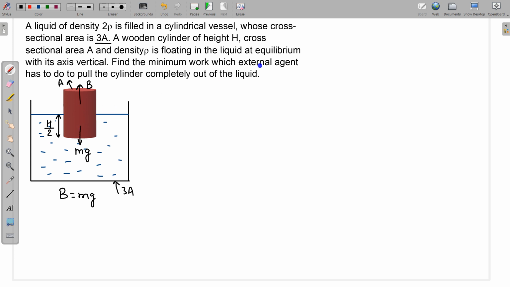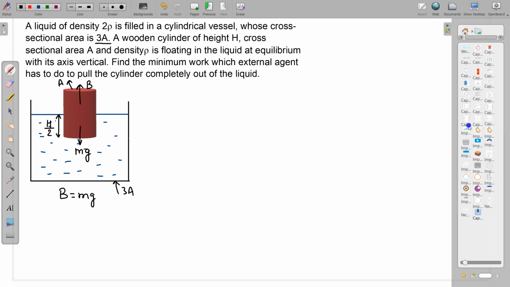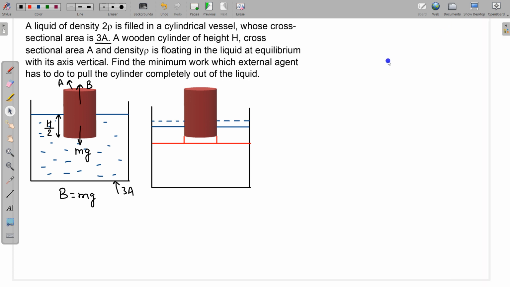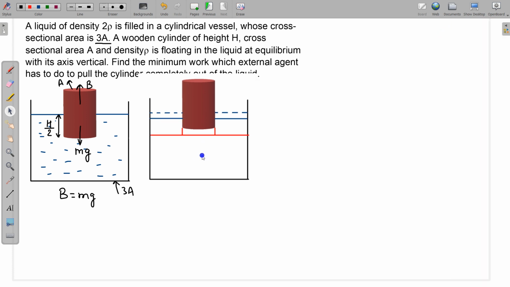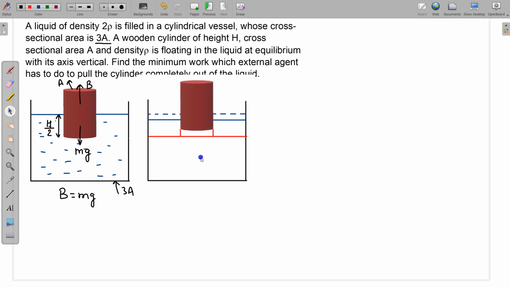To understand these effects better, let us draw another diagram. I have already drawn it; this is a pre-drawn diagram. In this diagram I have shown the cylinder at some particular instant when it has been pulled by a distance equal to x. Let me show the distances.